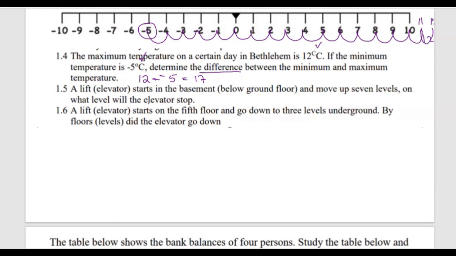A lift, an elevator, starts in the basement below the ground and moves up 7 levels. On what level will the elevator stop? It starts in the basement below and moves up 7 levels. It will stop at, probably they never told us at which.